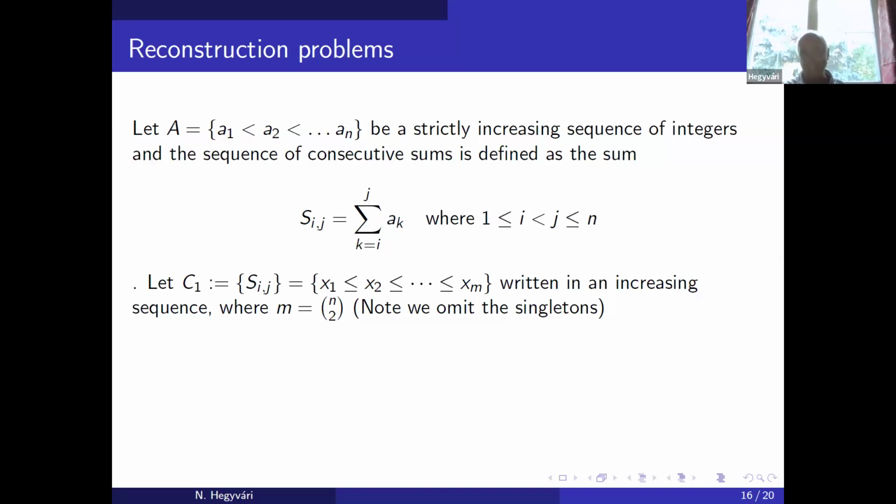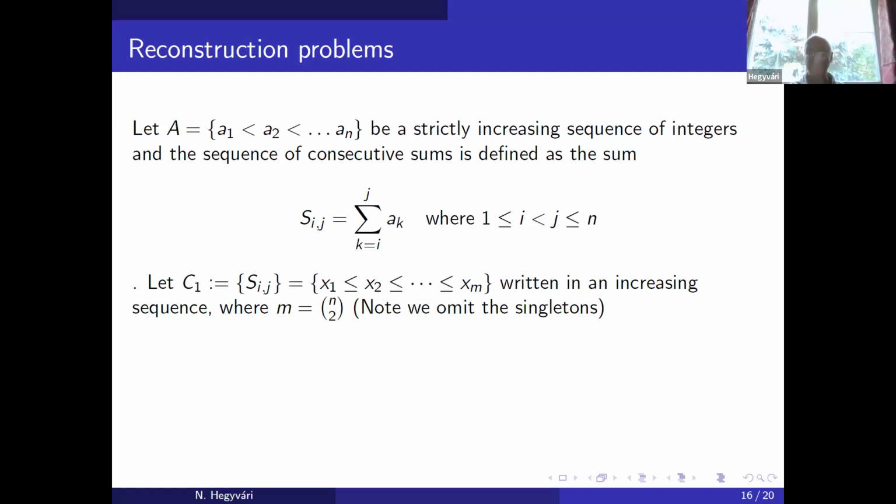And finally, I mentioned the reconstruction problem, or inverse question. It sounds as follows: if we have a finite sequence of increasing integers and someone gives us the consecutive sums in ordered form, except the singletons, so we omit those.